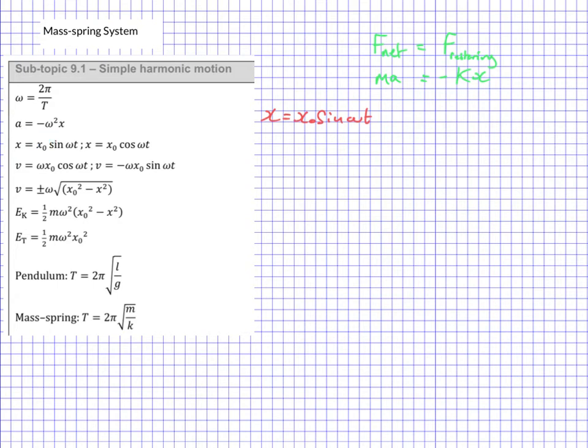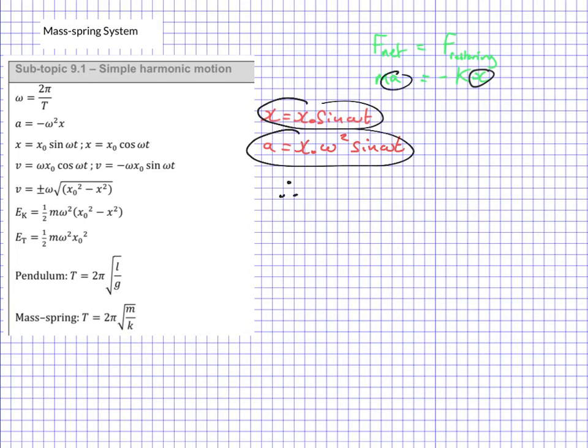But before we got to that simplified equation, we had this version: the acceleration of a simple harmonic system is equal to x naught, the maximum displacement, times omega squared sine omega t. Feel free to review the previous video if you want to check that one out. This is what we're going to be plugging into our equation: the x into here and the acceleration into here. So let's go ahead and do it.